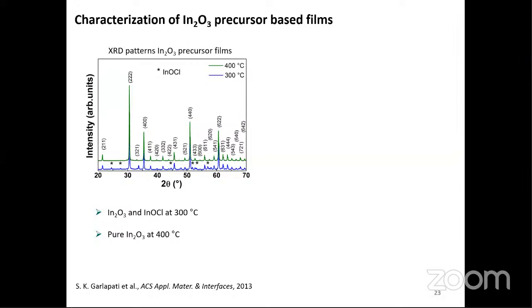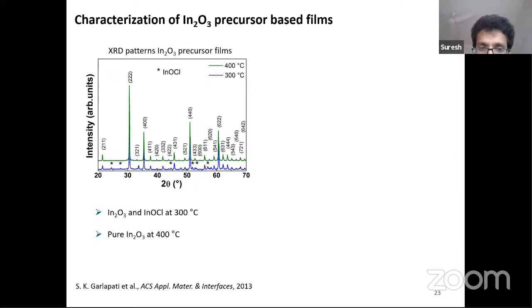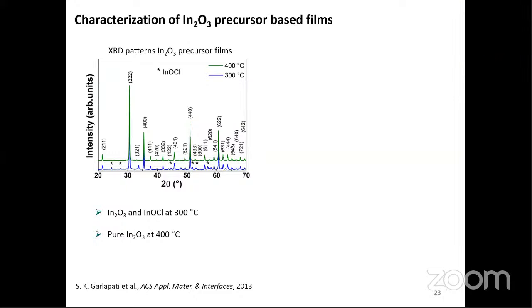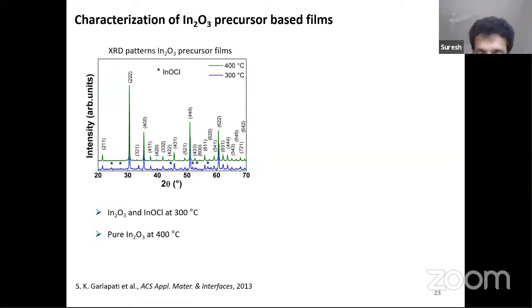Sir, X-ray powder diffraction. What is the concept of X-ray powder diffraction? Anyone know? Sir, it is used for phase identification of crystalline materials. Yes. So you can use it for phase identification of crystalline materials. Do you know how the identification happens?